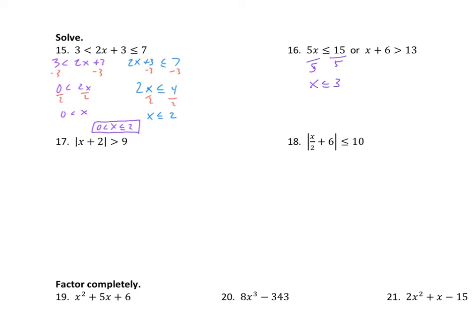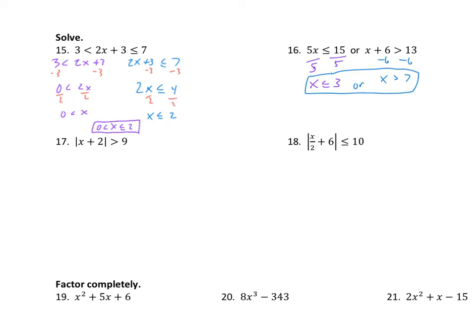And the second one, x plus 6, so subtract 6. So x is greater than 7. So x can't be less than 3 and greater than 7, so we just put that "or" back in between them. And we are done. So those are pretty simple.